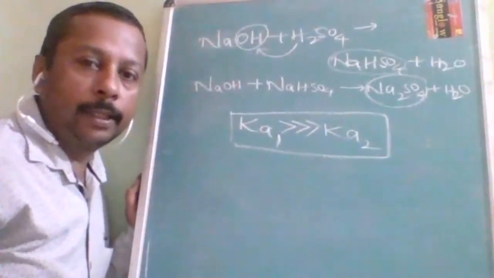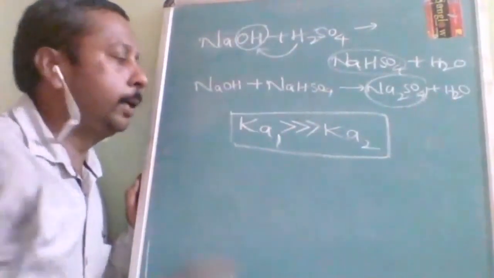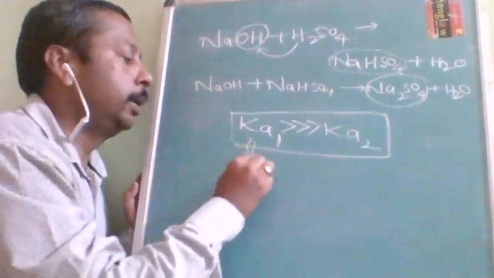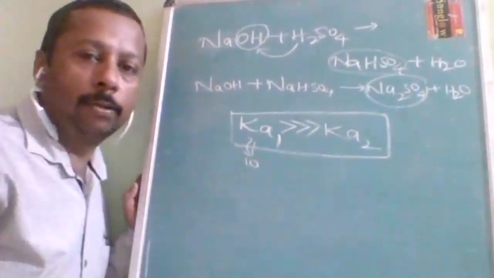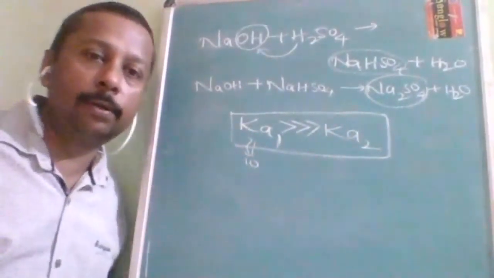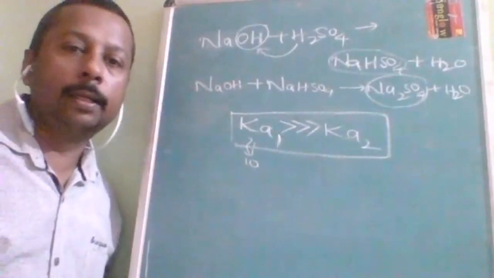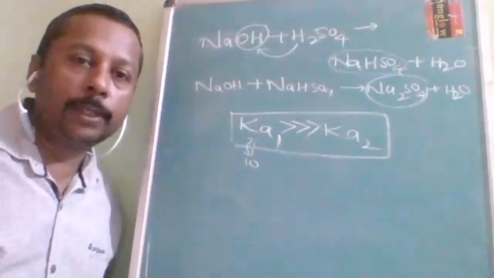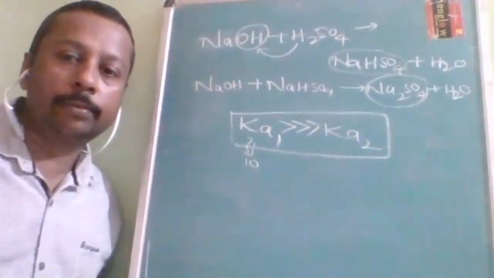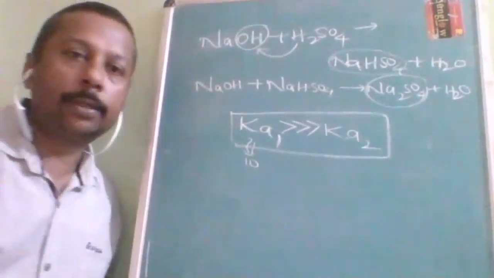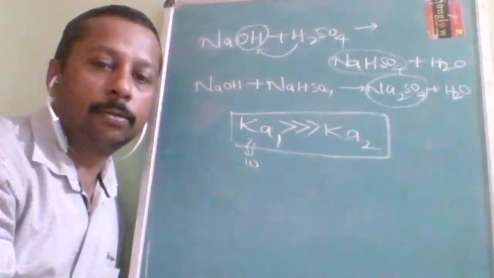Ka1 is nearly 10 to the power of -2. Value-wise you need not remember it, it is general. But when they want to combine two topics together, such questions may arise. Is it understood?